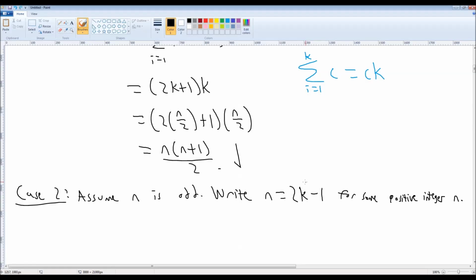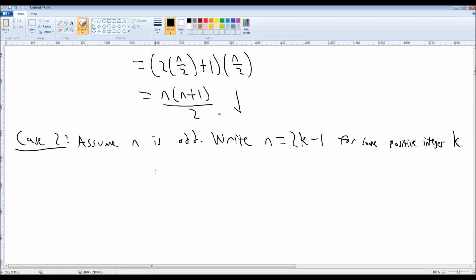However, we want to include the case n equals 1 in here as well. If it was 2k plus 1, then if n is 1, k would have to be 0, and 0 is not possible. Whoops, this needs to be a k, some positive integer k. So how can we solve this?